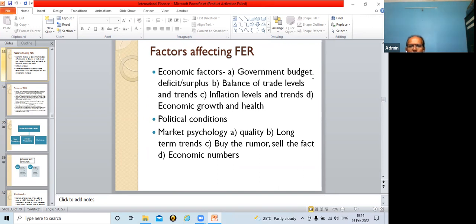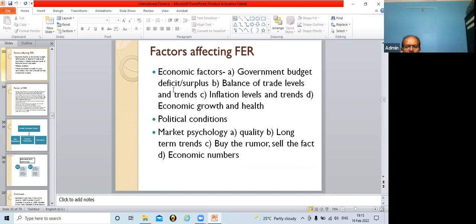Again, if the government budget is indicating a deficit, even our budgets are also deficit ones. But how you are managing that deficit? Deficit means your receipts are lower and payments are higher. Payments are more and receipts are lower.